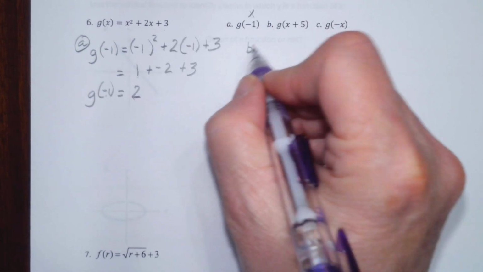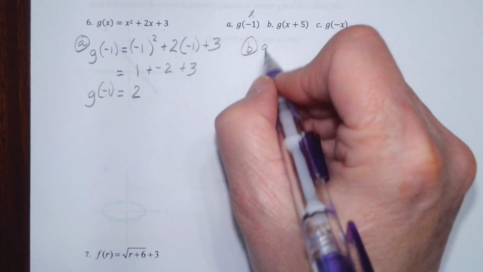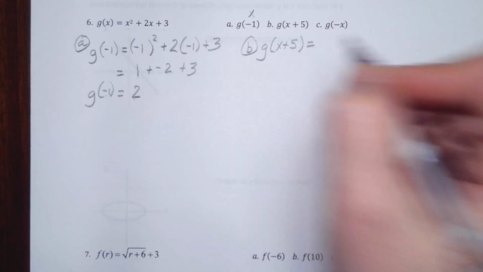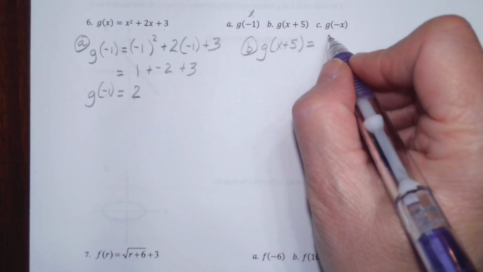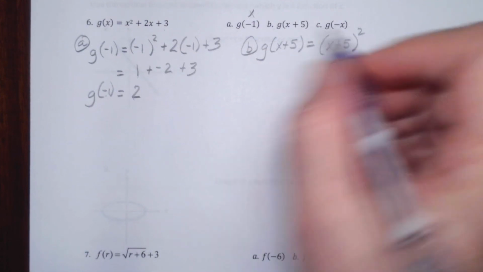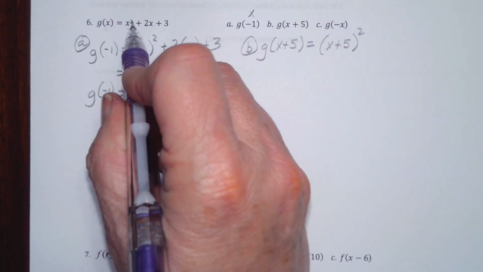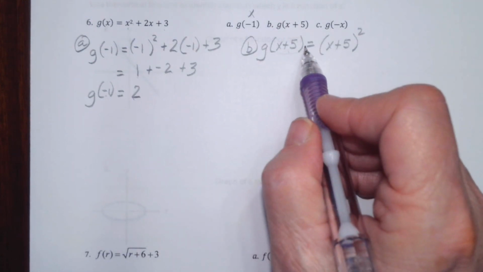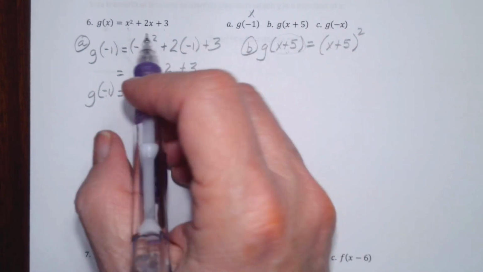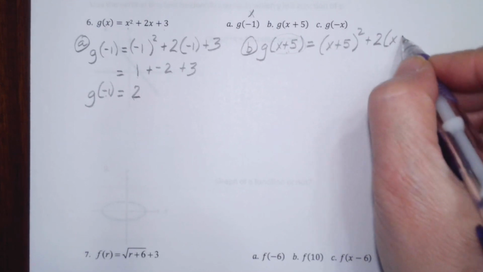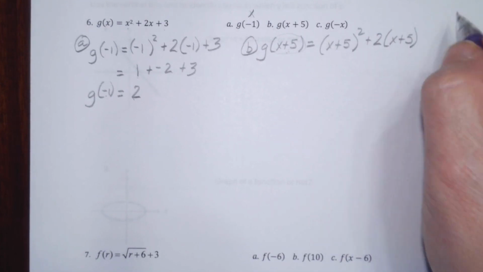So that was A. Now B: for g of x, they want us to put in x plus 5. So we're going to go x plus 5 squared, because whatever your input is, you're going to square it. And our input this time is x plus 5. This is our whole input. And now we're going to go plus 2 times x plus 5, and then plus 3.